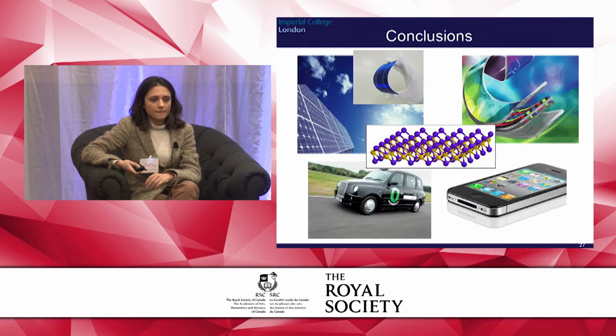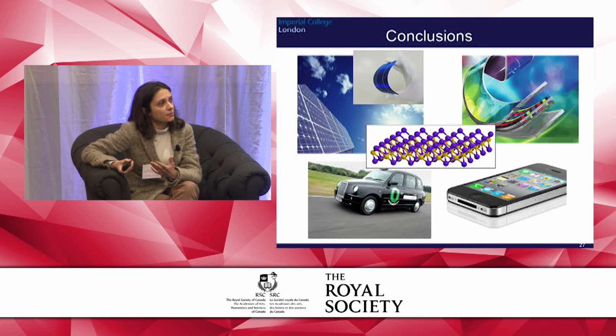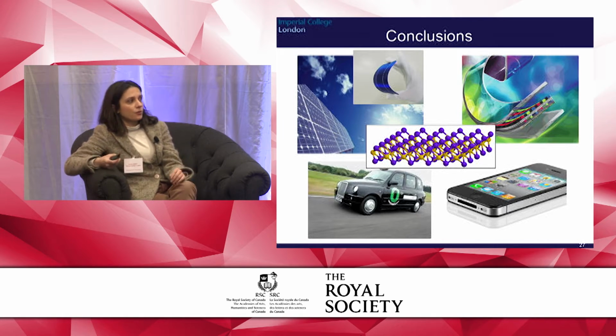So, going towards the conclusion of my talk, we have seen, besides graphene, we have many other two-dimensional materials, in particular sulfur and selenium-based materials, which present a strong light-matter interaction, and they can possibly be used in many different light harvesting applications or energy storage also.